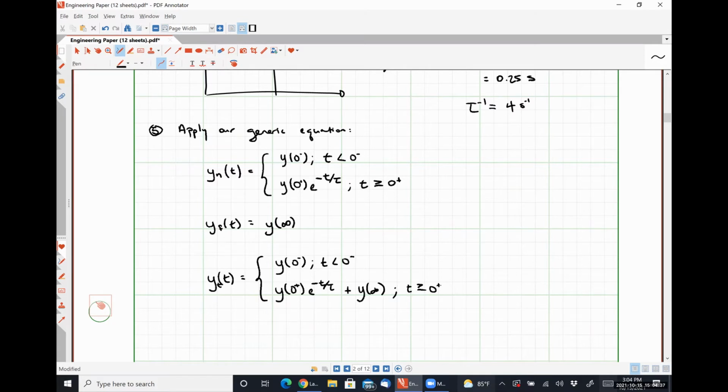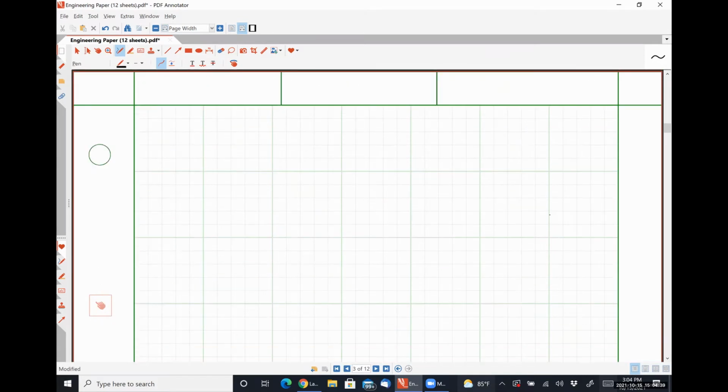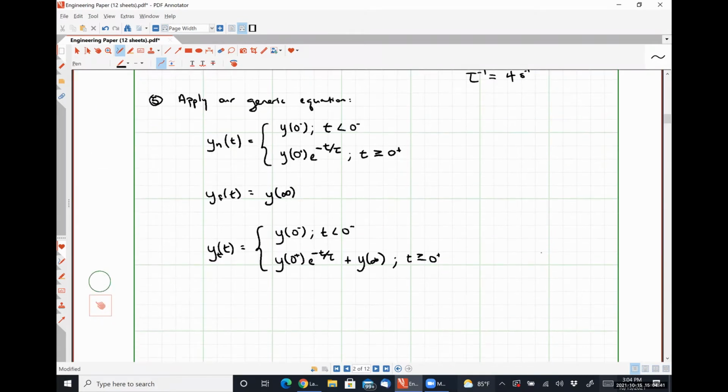Okay. So if we use this formula to determine our capacitor voltage, we'll actually run into a small problem here. All right. So what was y at 0 minus? 0 volts.